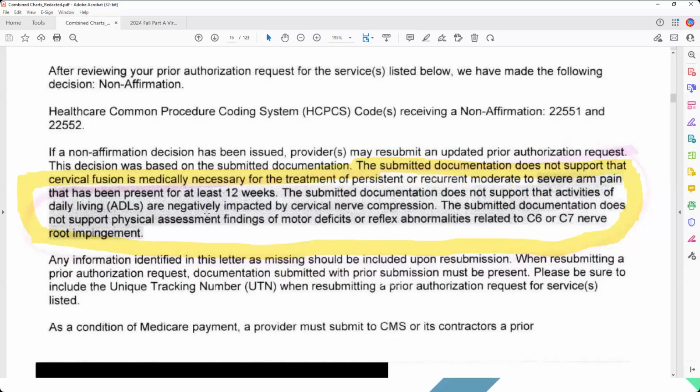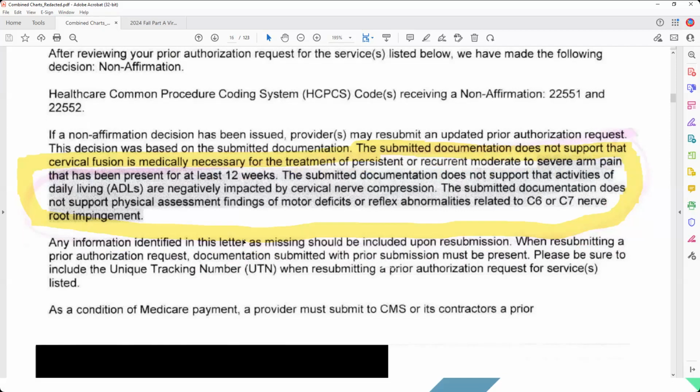It does not support that the ADLs were negatively impacted by the cervical nerve compression. So the submitted documentation does not support the physical assessment findings of motor deficits or reflex abnormalities related to 6-7 nerve root impingement. So this had come in before, and we told them exactly the components that were missing.